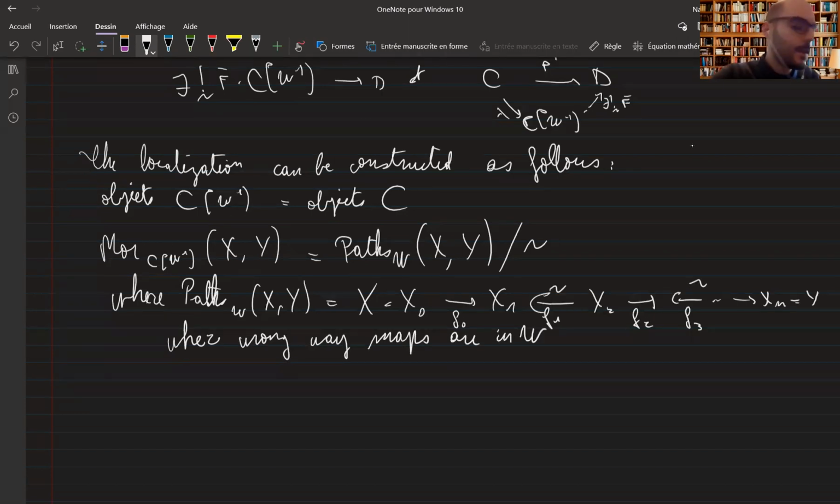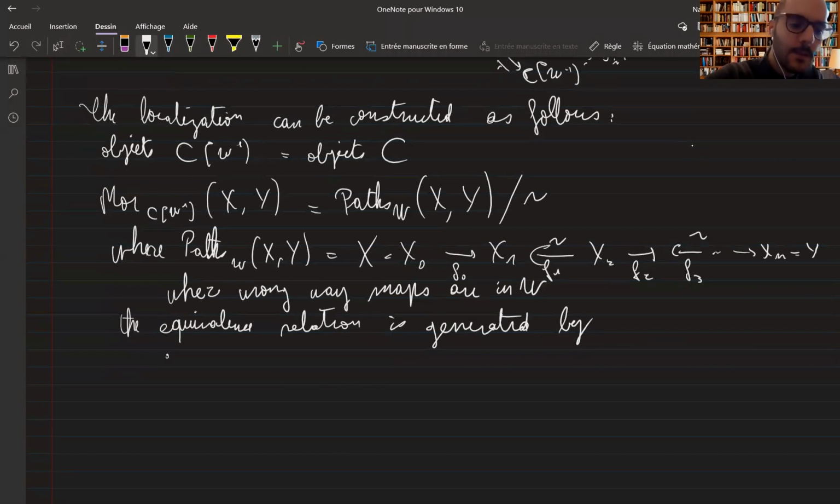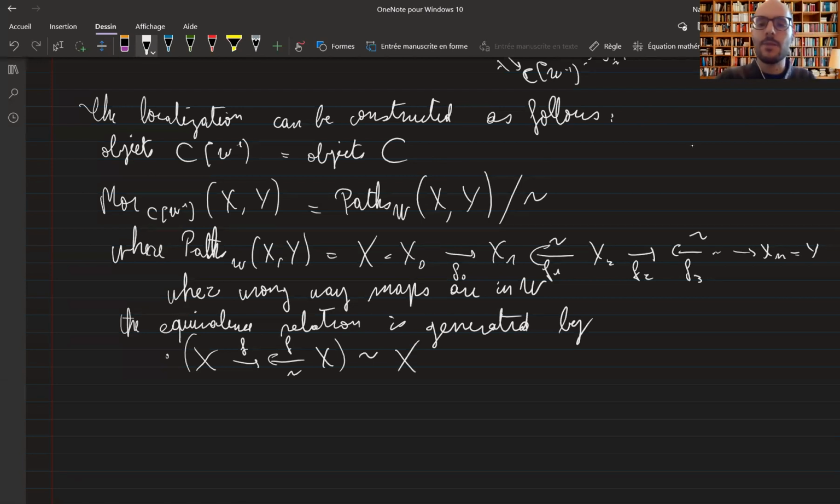And you have the equivalence relation, which is generated by two kinds of elementary identifications. Whenever you have a map in one way and the same map in the other way, then this is identified with just X, that is to say you collapse the thing.